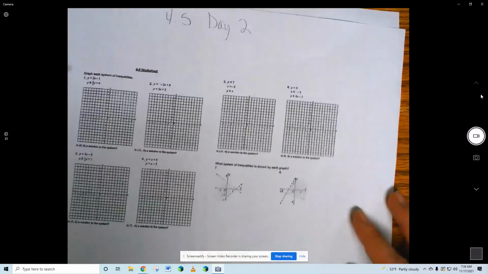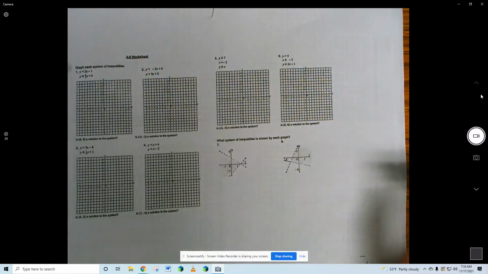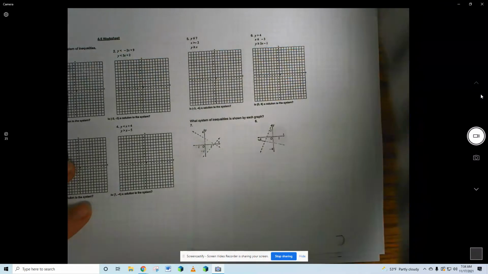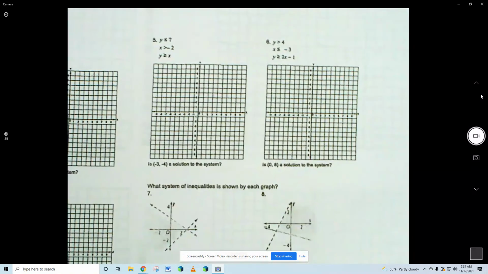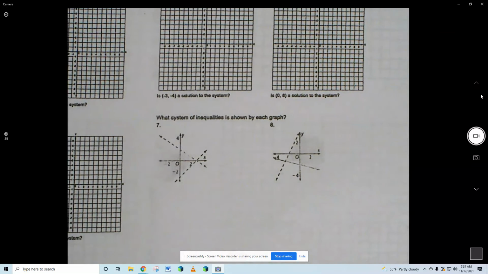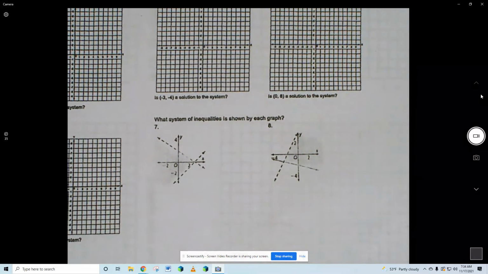It says 4.5 day 2. Can we go to here, please? It's asking us to write what system.